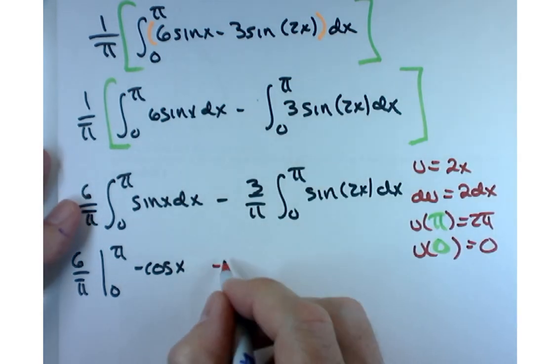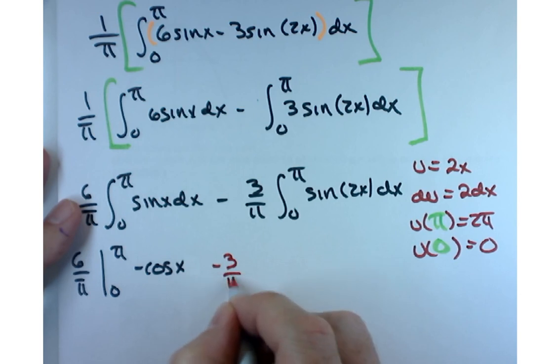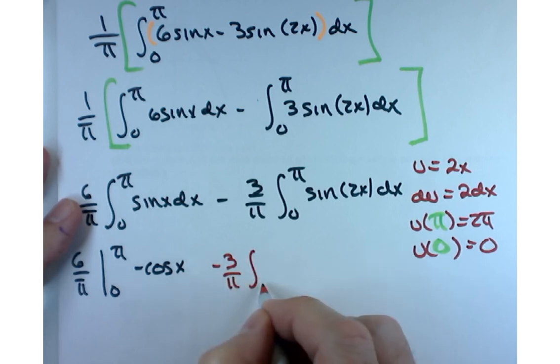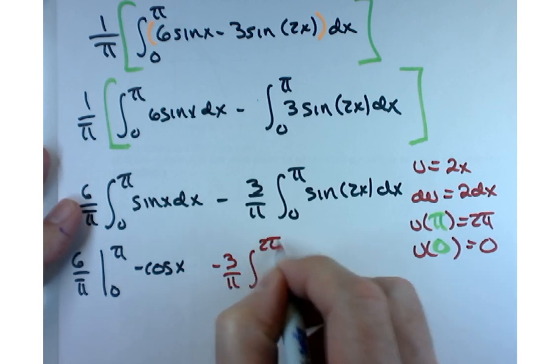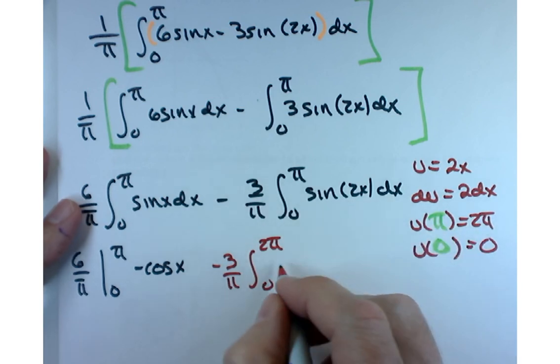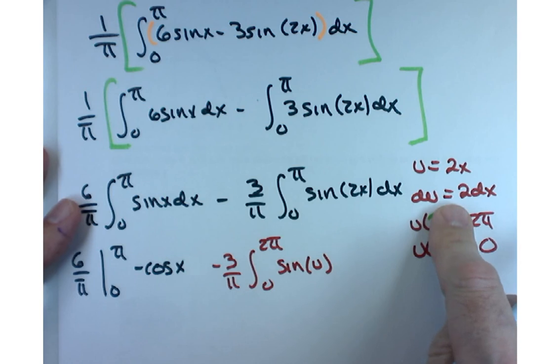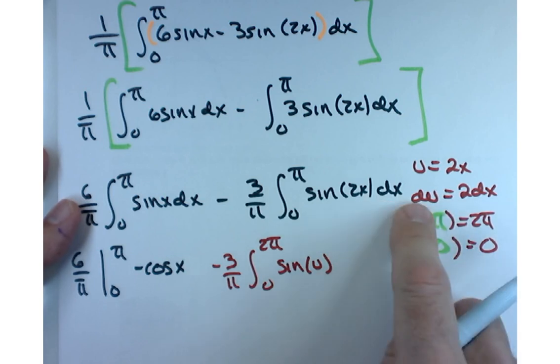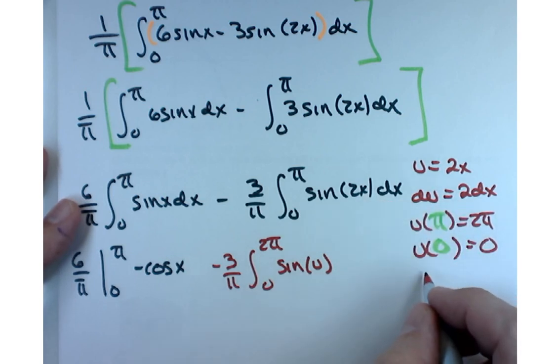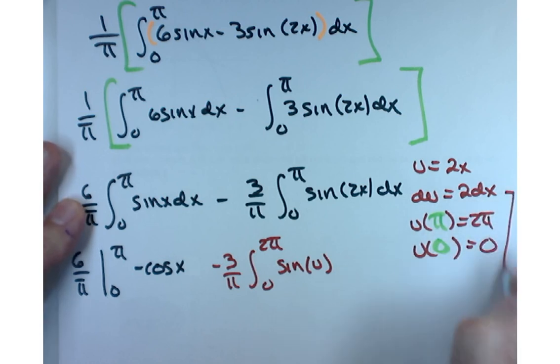All right, so minus 3 over pi times the integral from 0 to 2 pi of sine of u du, well, I've got a dx. What's dx going to equal? 1/2 du.